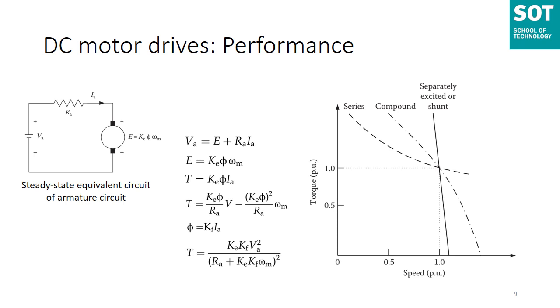Let us look into the dotted line. First, the speed in a series motor. In the case of a series configuration, any increase in torque is accompanied by an increase in armature current and therefore an increase in magnetic flux phi. Now, as phi is increasing with the torque, the speed will drop to maintain a balance between the induced voltage and the supply voltage.